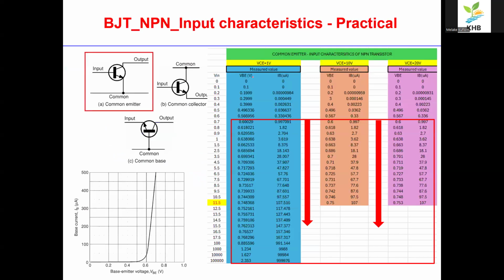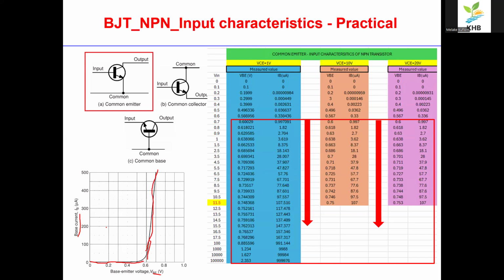So I've done this using a calculation Excel spreadsheet. As we discussed already, this is the input characteristics of the NPN. As you can see, the forward bias is when the VBE reaches 0.6 volt, then the bias current increases significantly.